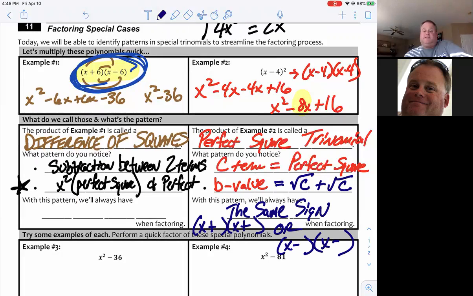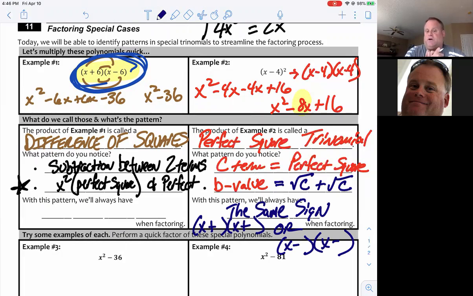And the reason why is the middle term dictates whether it's going to be positive or negative. If it's a minus middle term, then they're both going to be minuses. If the middle term is positive, then they're both going to be plus signs. That is a perfect square trinomial in a nutshell.